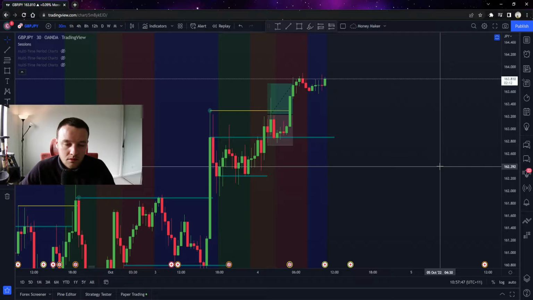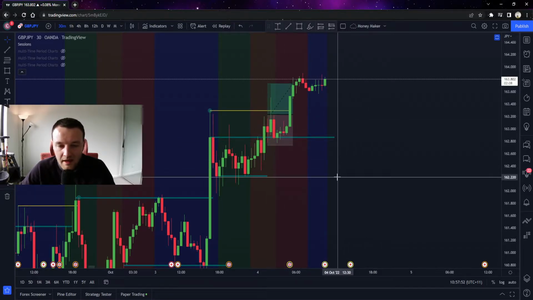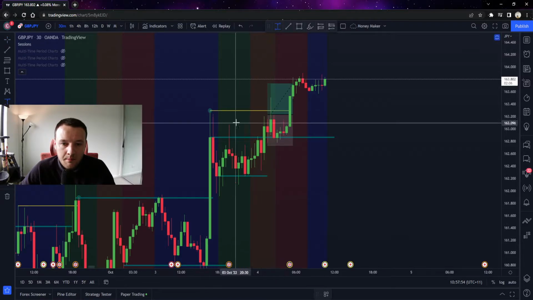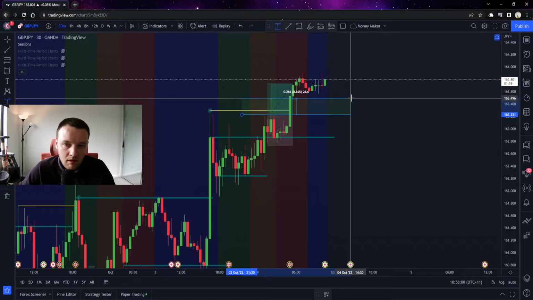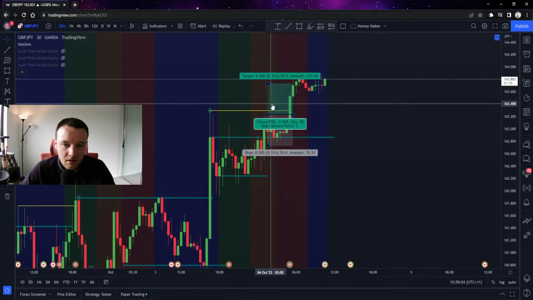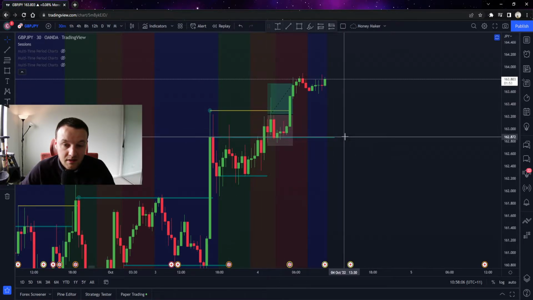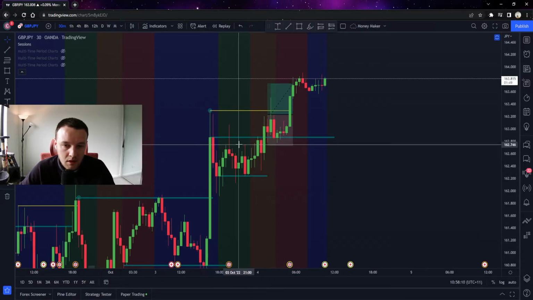And on stream on Twitch, we were talking about an entry for this, and the entry was potentially right here, and you would have caught around about 25 pips as price pushed up, and then it rejected, came down, retested this zone, and this is why we had 50 pip stops.